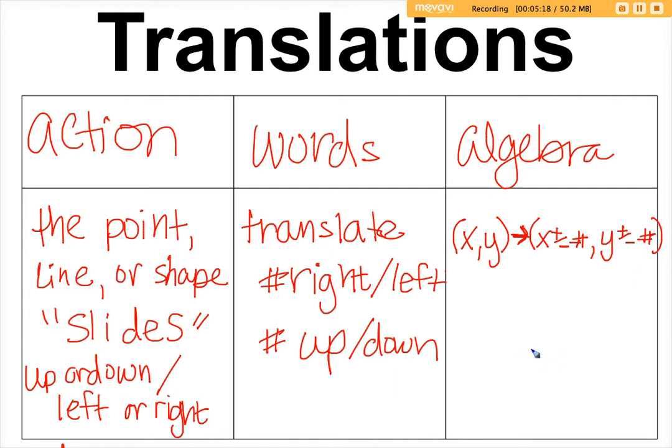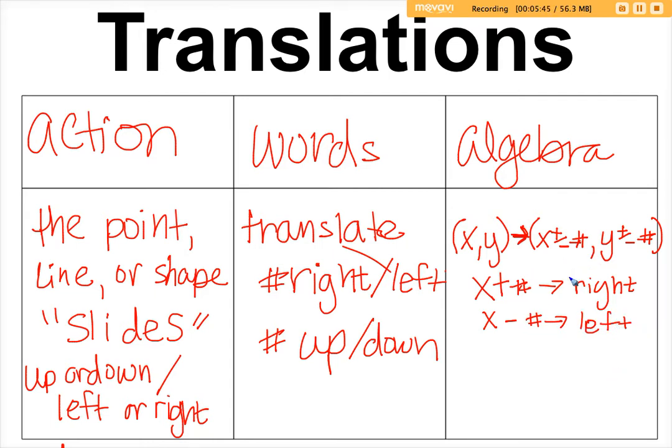So it might say x plus 2, y minus 1. What that means is if it's x plus some number, you're going to move to the right. And we're going to see this happen in just a minute. If it's x minus a number, you're going to move to the left.